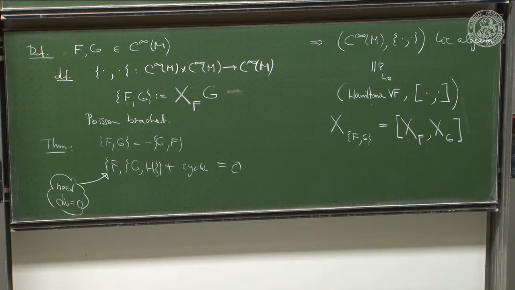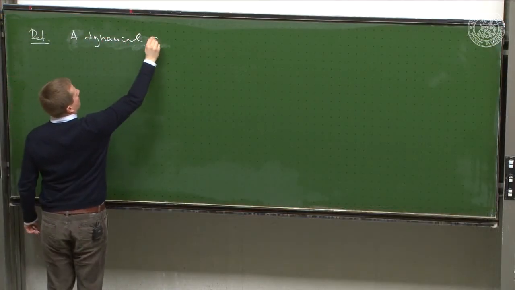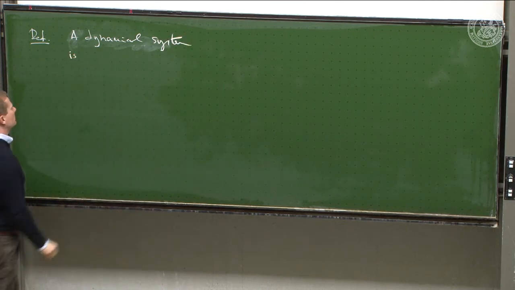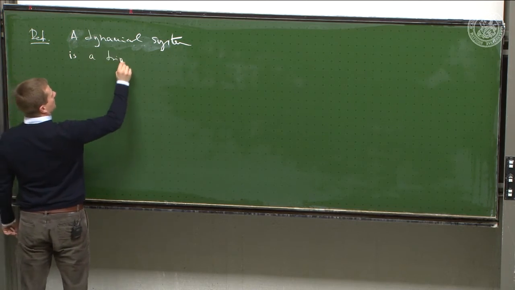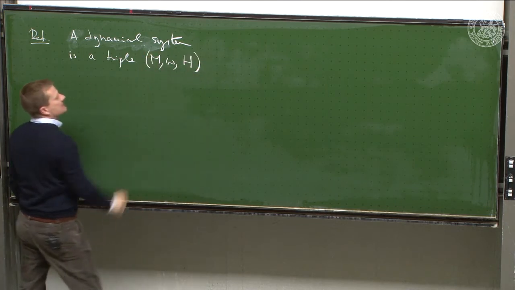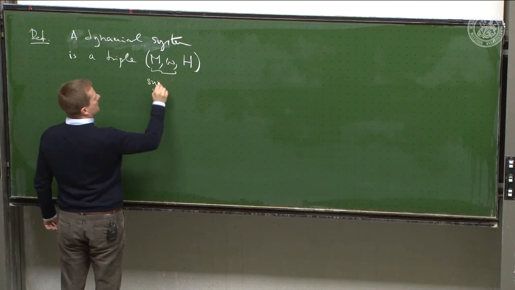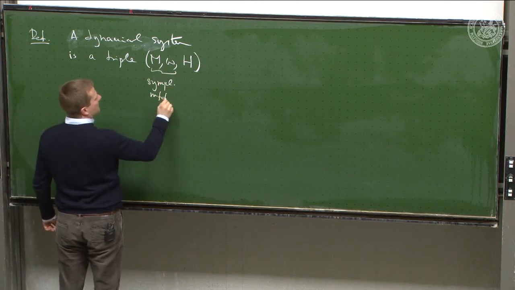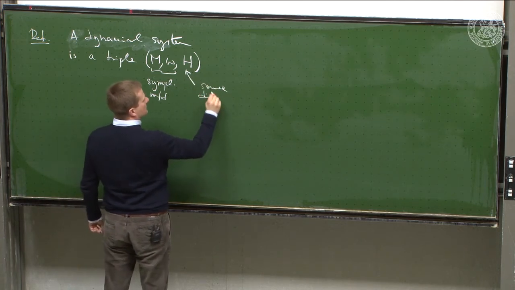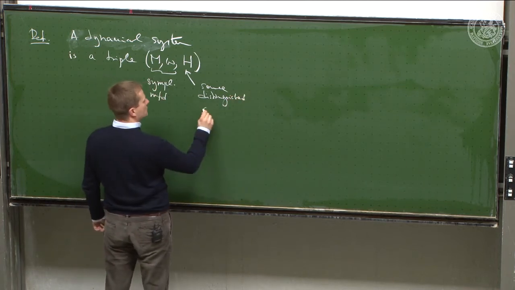Okay, so that's this bit, and then there's, of course, the important definition of an observed conserved quantity. A dynamical system or a classical mechanical system is a triple of an M, an omega, and a distinguished observable H, where M and omega constitute a symplectic manifold, and this H is some distinguished observable, that means you choose it.